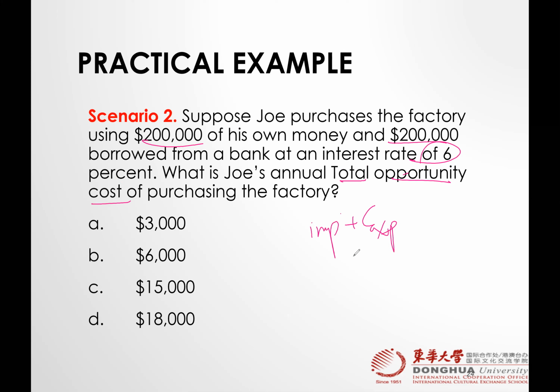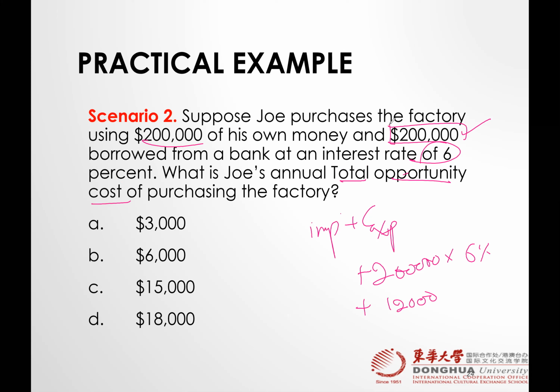What is the explicit cost? He purchases the factory and he has to pay interest. How much interest does he have to pay? He borrowed 200,000 and he would pay 6% interest. He would pay 12,000.